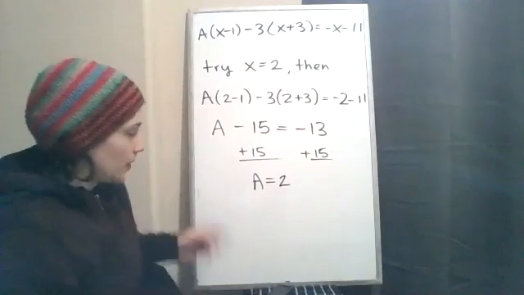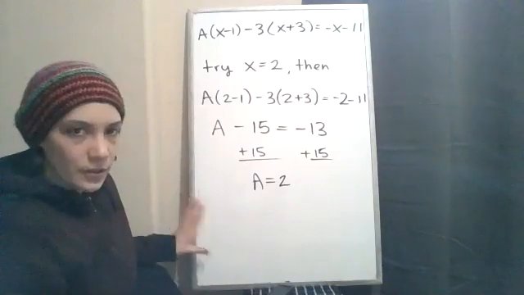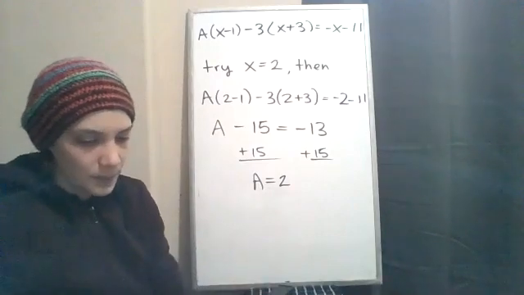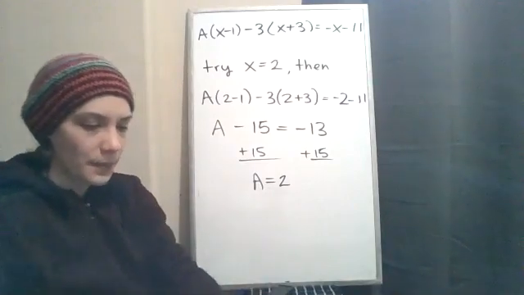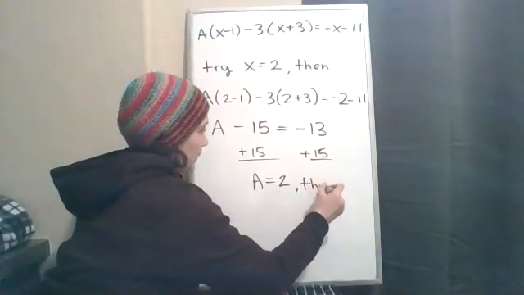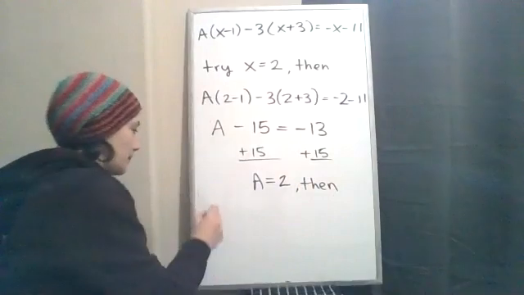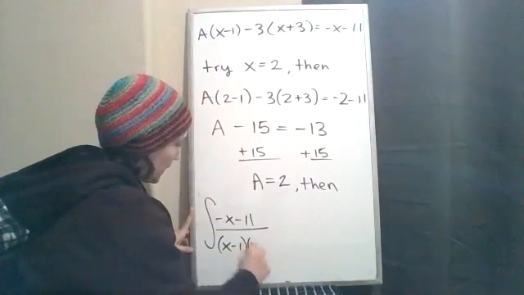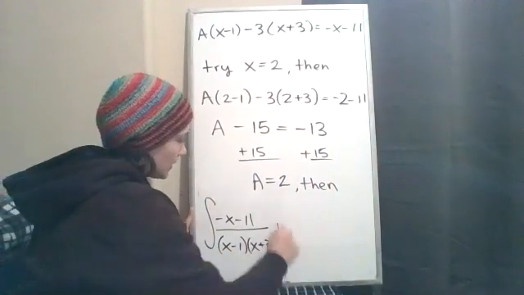So that's how I got from that first integral to the second integral. The first part was negative x minus 11 over x minus 1 times x plus 3 dx.